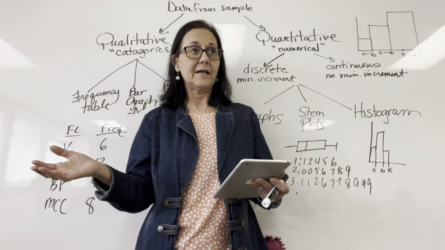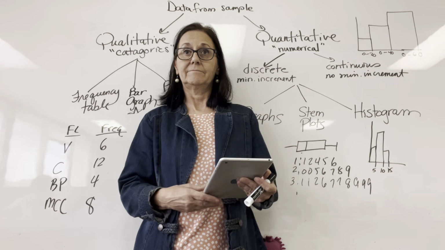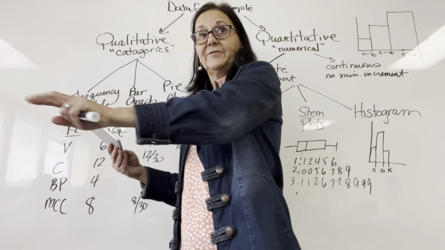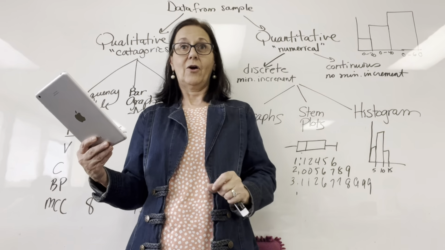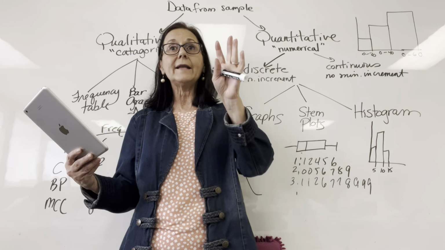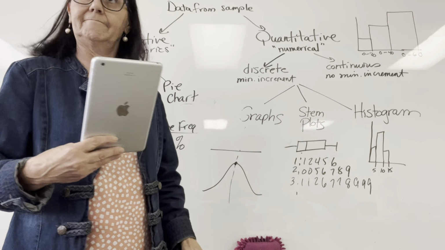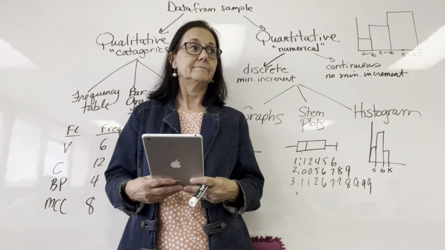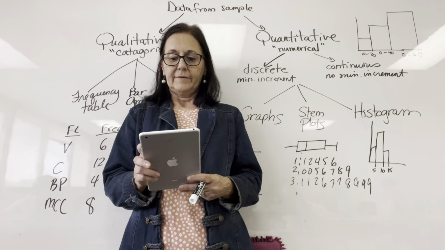If it was like 126, the 1 and 2 would be left, and the 6 would be right. There's only one digit that goes to the right. Everybody understand that? All right, that's example 6.